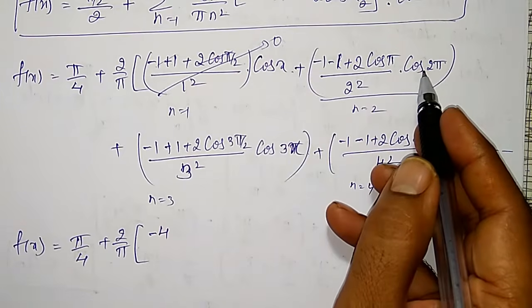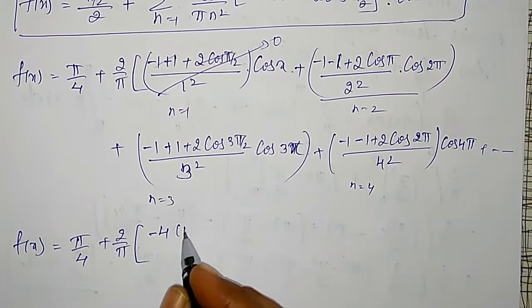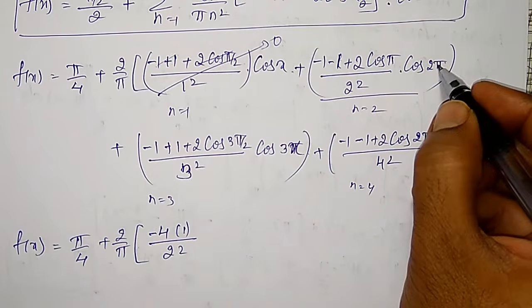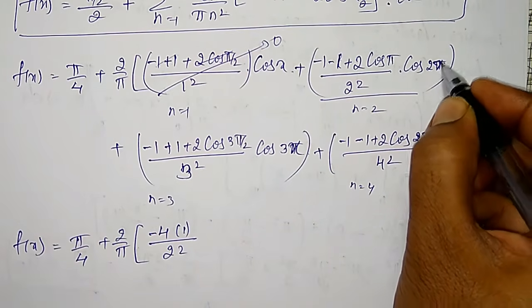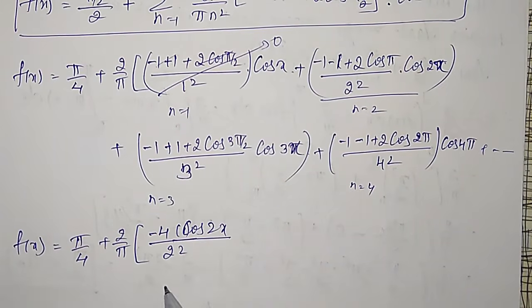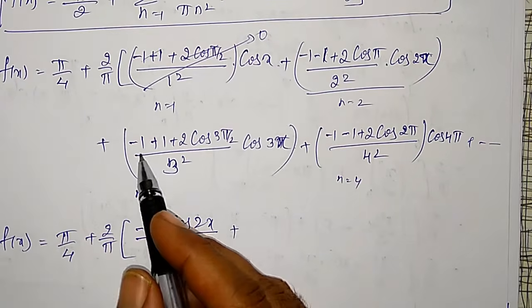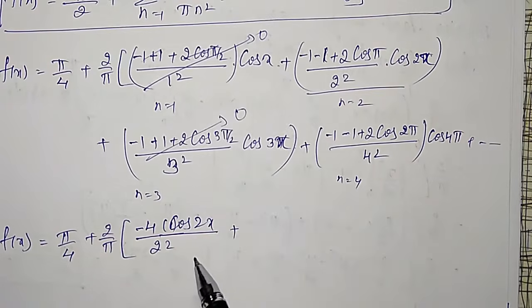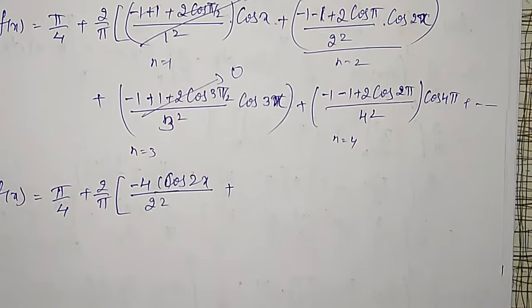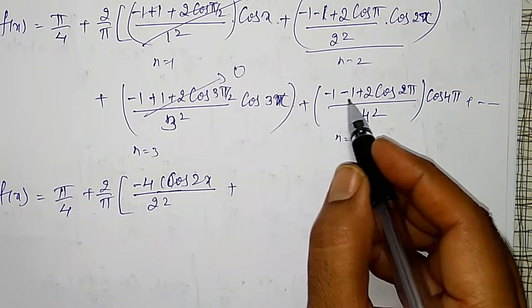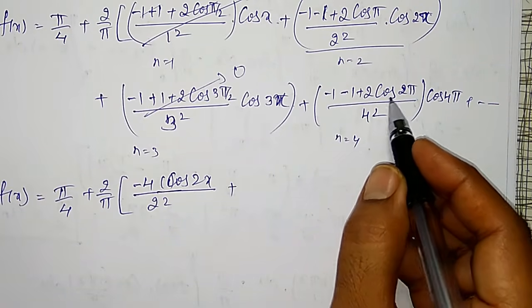Minus 4 cos 2x divided by 2 square, for n equal to 2. Next, plus 1 minus 1 is 0, cosine of 3 pi by 2 is 0, so this term is again 0. And for the next term, minus 1 minus 2, and 2 into cos 2 pi is plus 2.